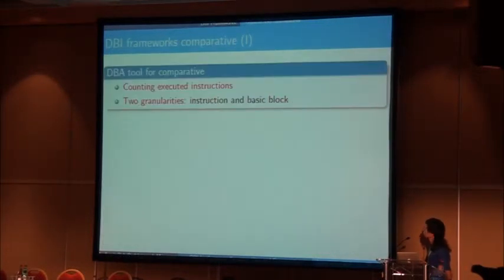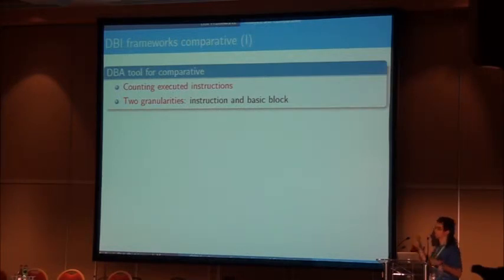So let me comment on what we have done for the comparative. We have developed a tool that is very naive, so it only counts the number of instructions that are going to be executed, but we have used two granularities, mainly the instructions and the basic blocks. A basic block is defined as a small set of instructions.